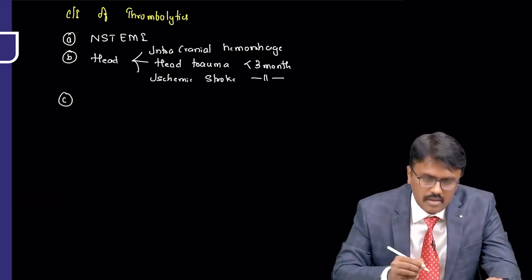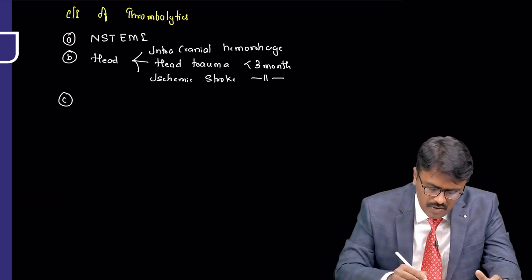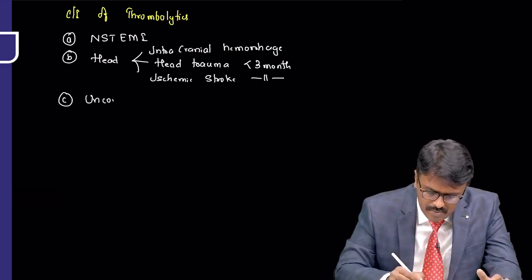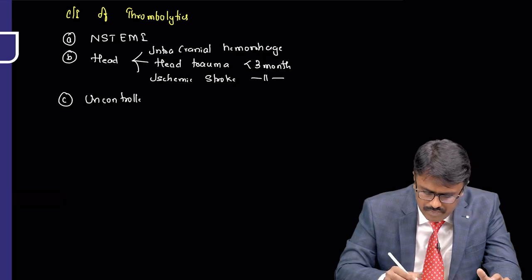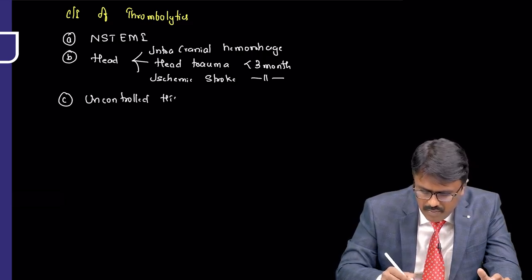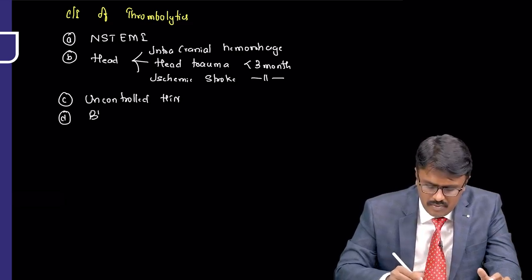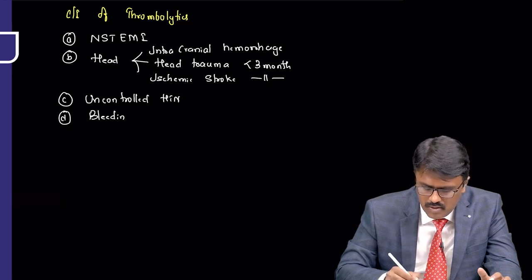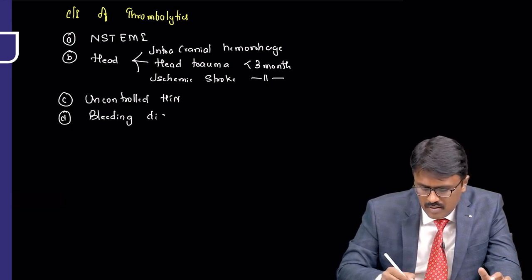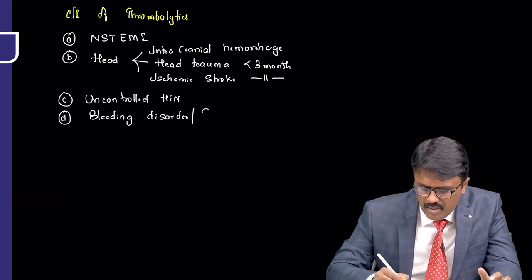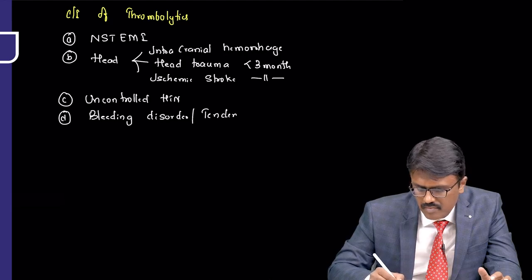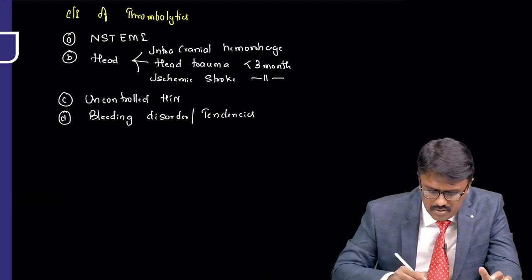The next important one is if the BP is not controlled, we call it uncontrolled hypertension. We don't use it. If the patient has a bleeding disorder, that will increase the risk, or the patient has bleeding tendencies, then we should not use it.